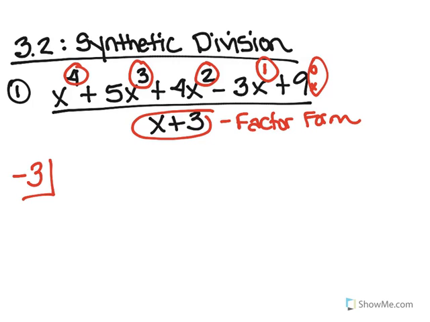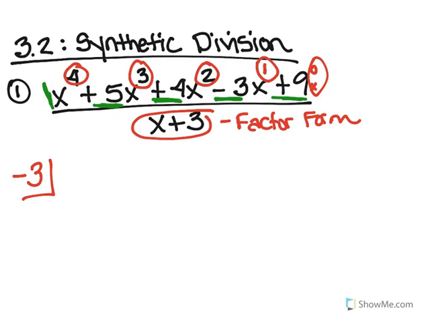Now, I'm going to write the coefficients. Coefficients are the numbers in front of the x. I'm going to write them beside the negative 3 in this house to show my synthetic division. Now, we know there's an understood 1 in front of the x to the fourth term. There's positive 5 in front of x to the third, positive 4 in front of x squared, negative 3 in front of x, and positive 9 at the end.